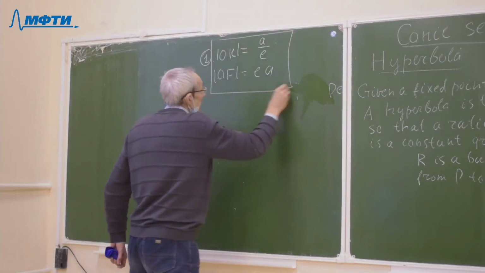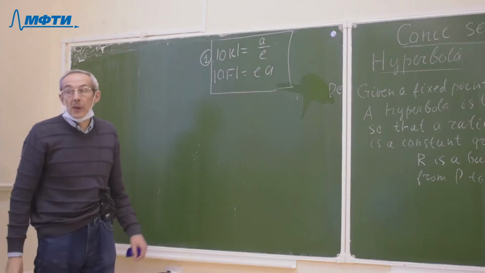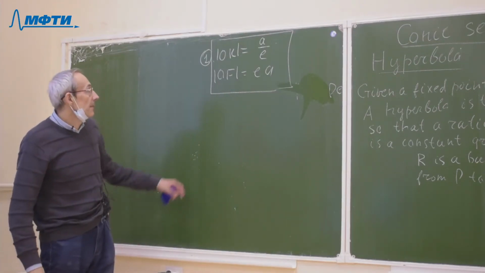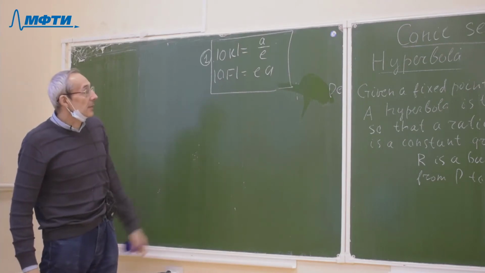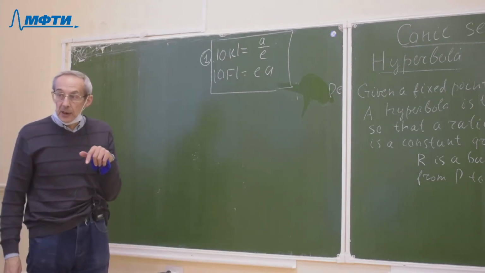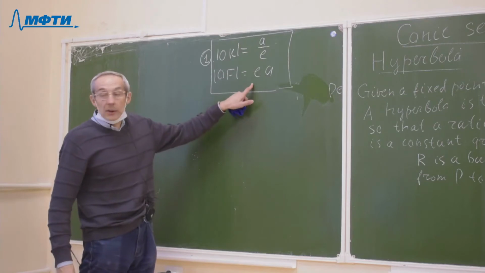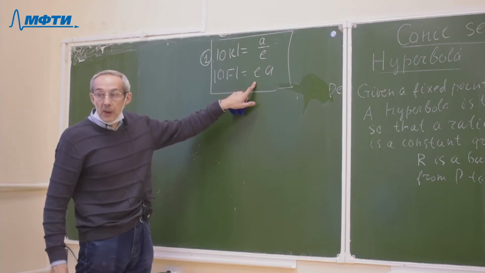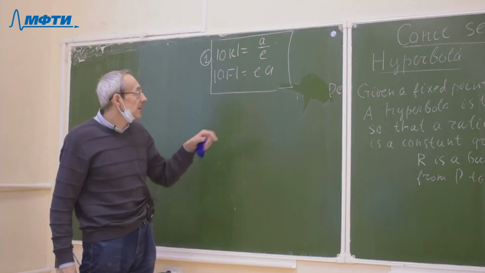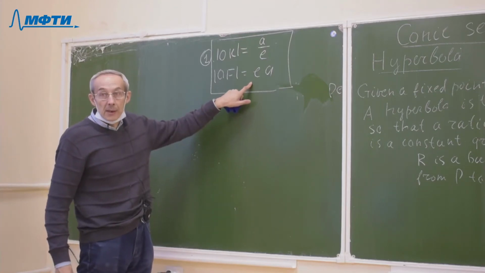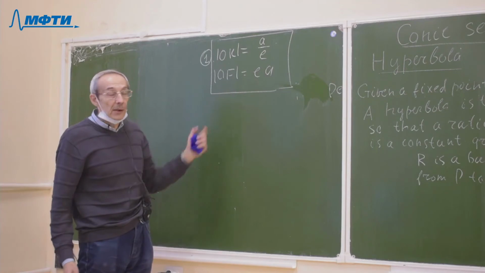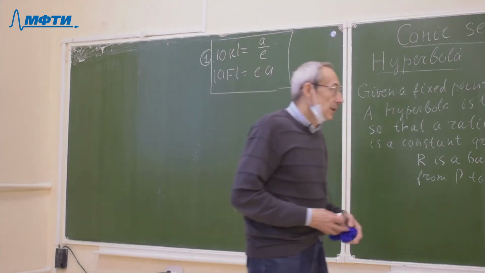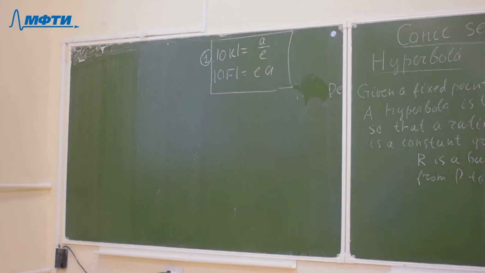We obtain the same relation as in the case of the ellipse. It's absolutely the same. But in the case of the hyperbola, the parameter E is greater than 1. In the case of the ellipse, this parameter is less than 1. Only this difference between the two cases.